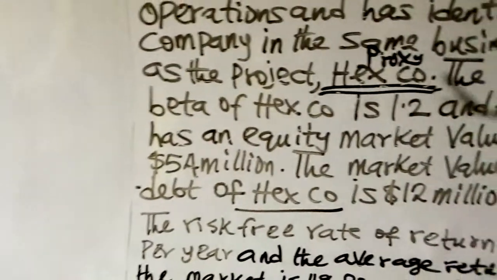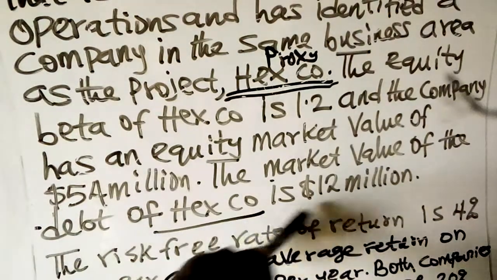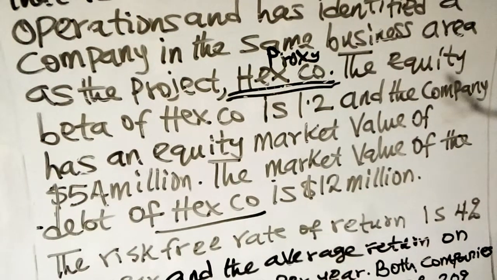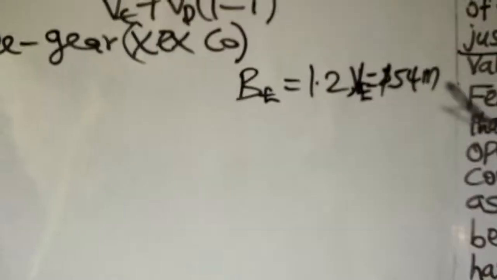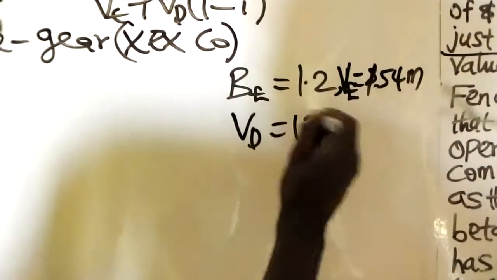And the market value of the debt of HESCO is 12 million. So the value of debt is given to be $12 million.